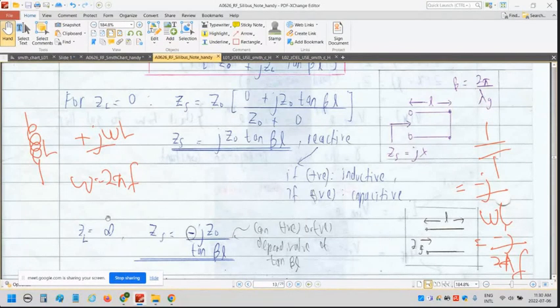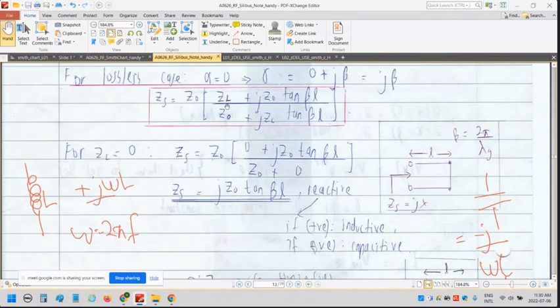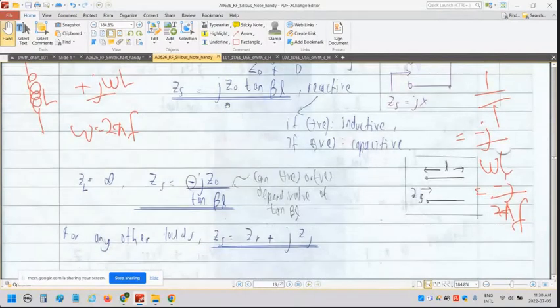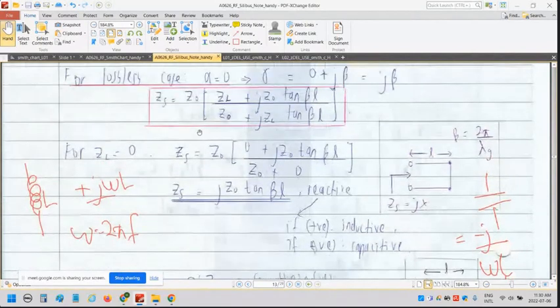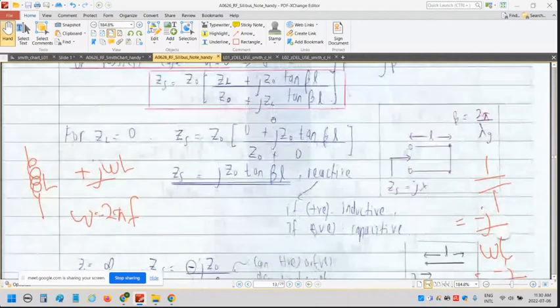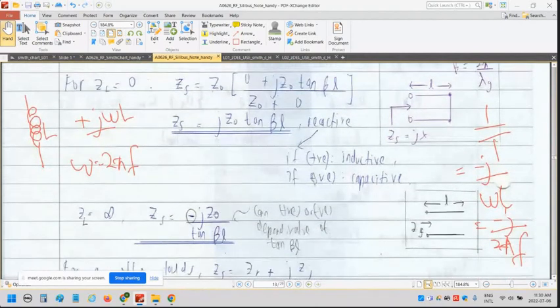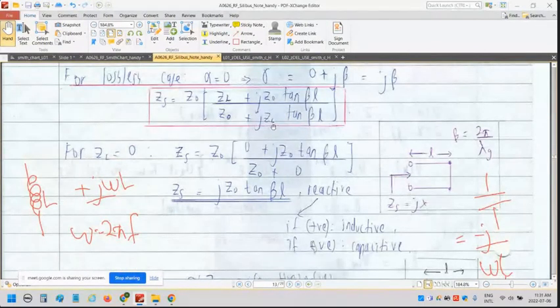And then what happens if ZL is infinity? This shows that it is an open circuit. So you put ZL as infinity here. How did they get negative jZ0 divided by tangent beta L?